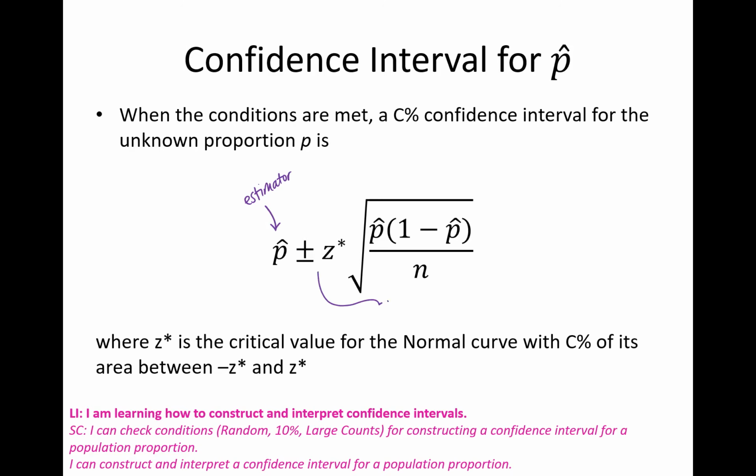Now this is that margin of error. We have our z critical value. And then we have the square root piece, which of course is our standard error, which we know is basically standard deviation.